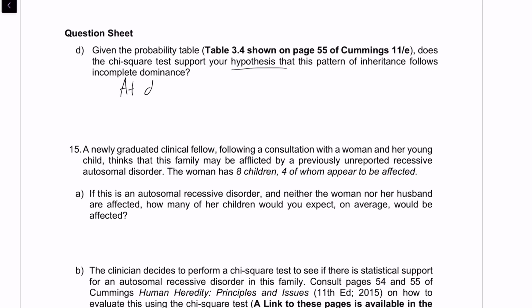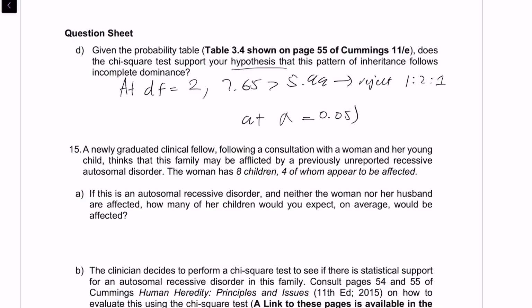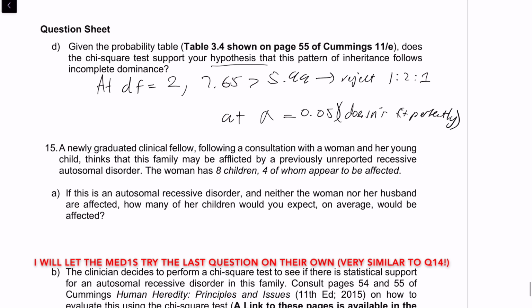So I'll show my working out saying that at df equals 2, 7.65 is greater than 5.99, so I reject 1 to 2 to 1 at a probability of 0.05 and it doesn't fit perfectly. Okay, so that's the 5% due to chance sort of thing.